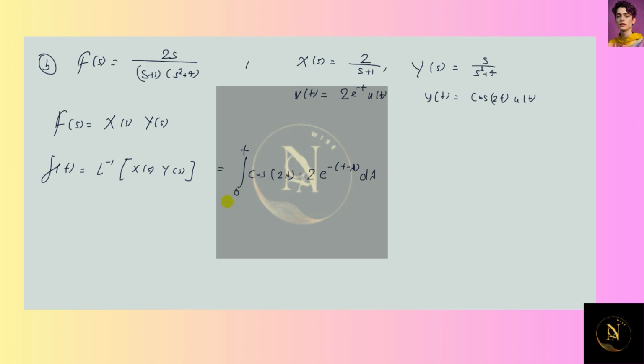Now when we solve this term, we get f(t) equal to 2 divided by 5 cos 2t plus 4 divided by 5 sin of 2t minus 2 divided by 5 e to the power minus t. So this is the right answer for this problem.